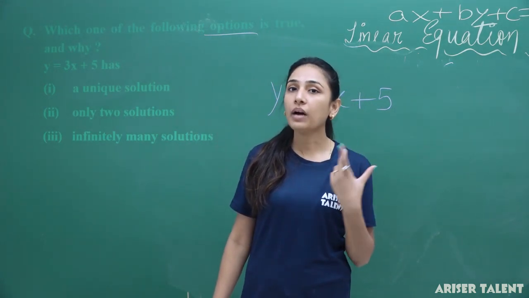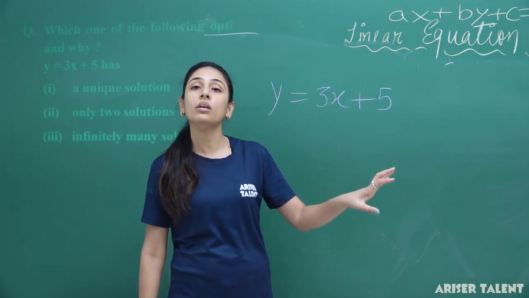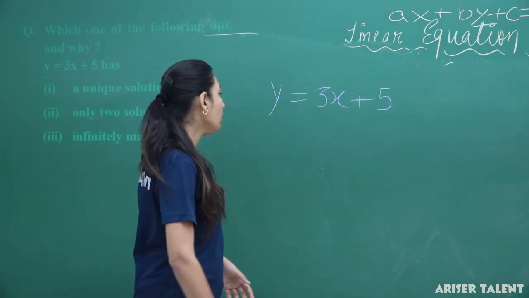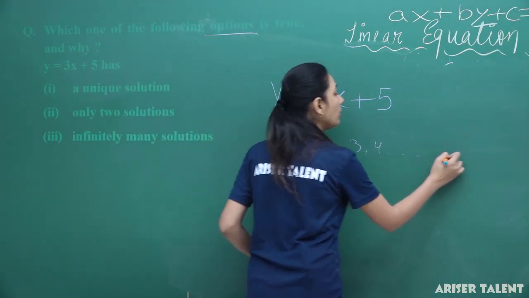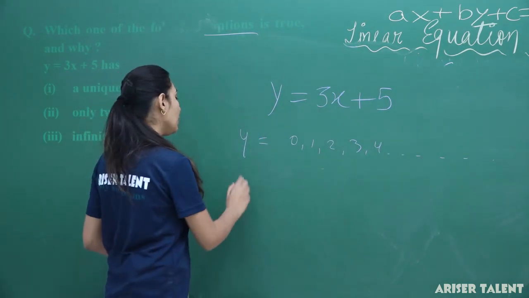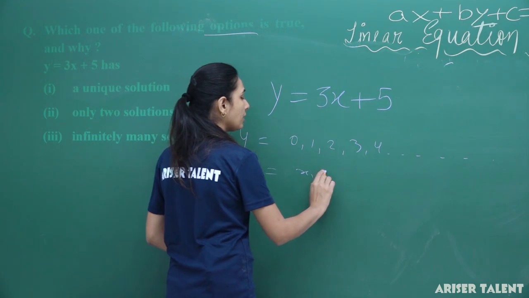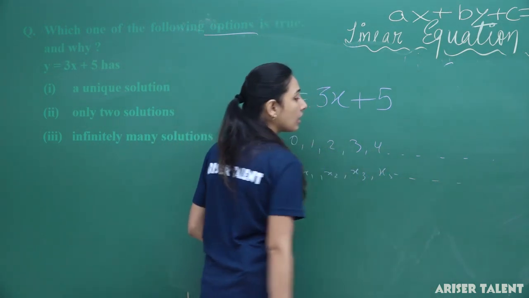If y equals 1, we will again have some value for x. So for all values of y, 0, 1, 2, 3, 4 and so on, we will get some value of x. Let us suppose x1, x2, x3, x4, x5 and so on.